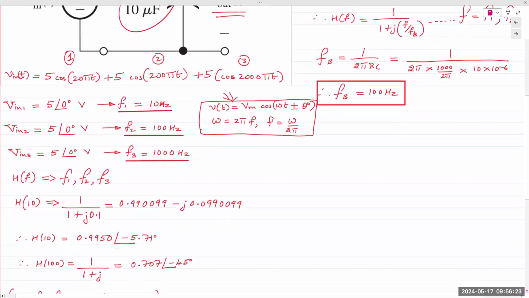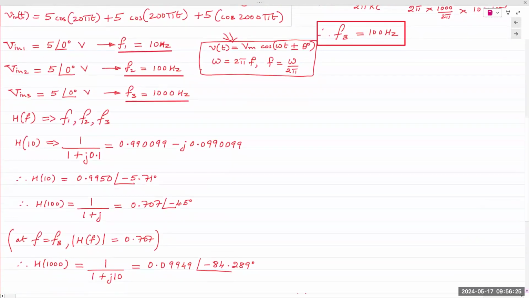We have a value for fb, and you have f1, f2, and f3. You can find the transfer function at f1, f2, and f3. So H of 10, H of 100, and H of 1000.